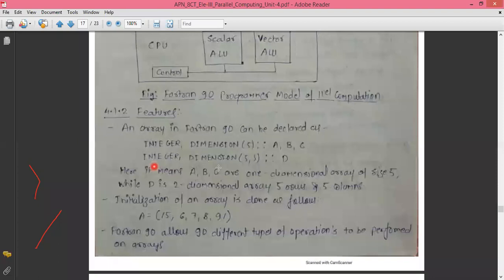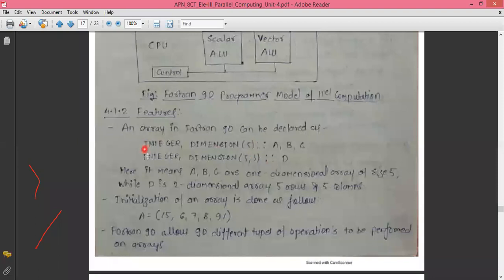If you want to declare a multi-dimensional array, that can be declared in an identical way, by defining the size in the parenthesis as 5 comma 5, and again the scope resolution operator. Whatever is mentioned after the scope resolution operator is considered a variable by this programming language.